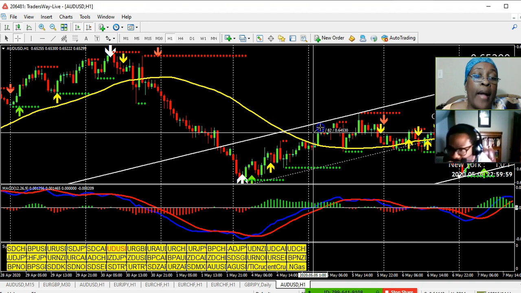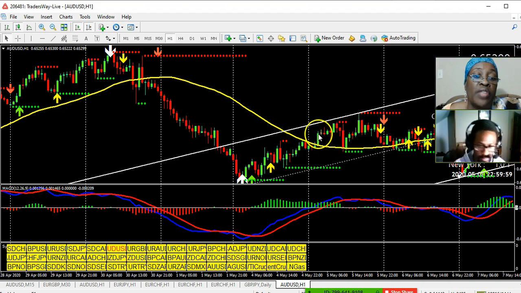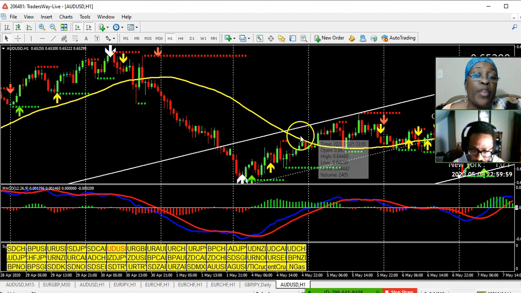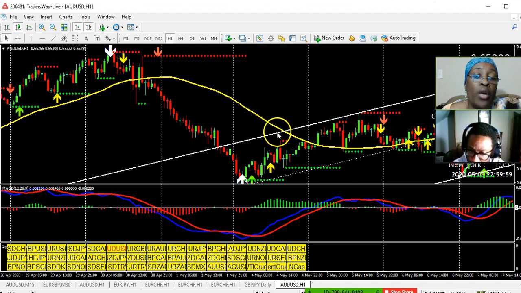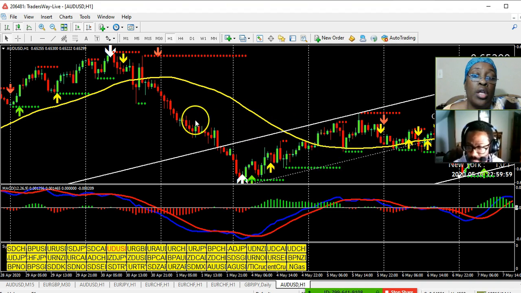So that's why it's important to measure in pips the distance between the close of the candle and the previous support or resistance dots, as well as the trend line. Now, obviously, if you have 20 plus pip clearance, you're good. Put your position in.